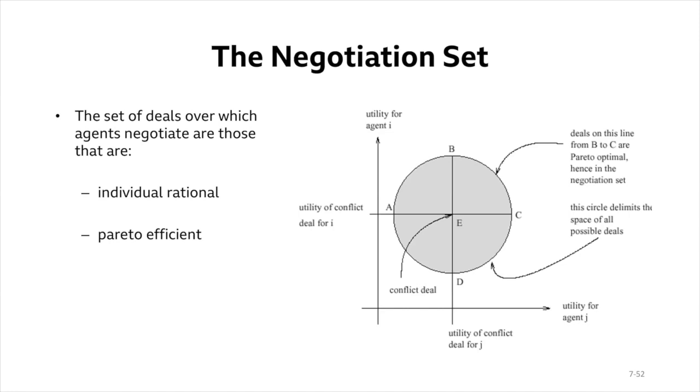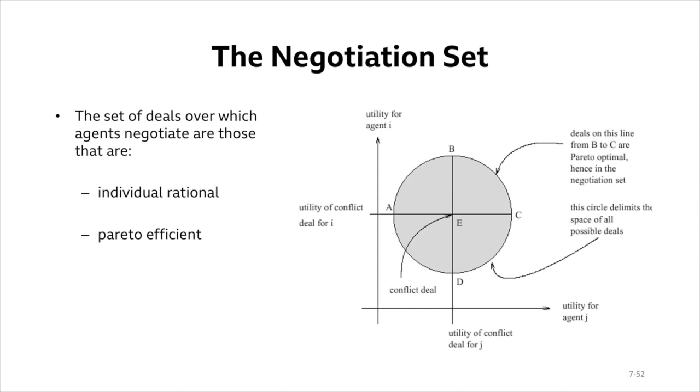Pareto efficiency means there's no way that you can come up with a deal that makes one robot better off without making another robot worse off. So now we're going to say that the only deals that a robot is going to be allowed to propose during negotiation must be, A, individual rational.